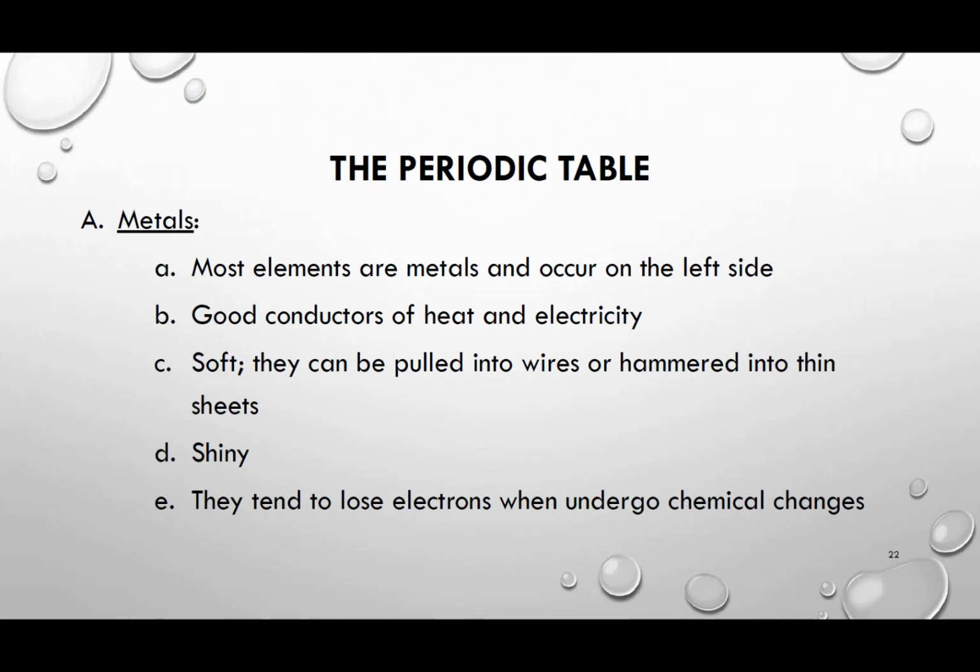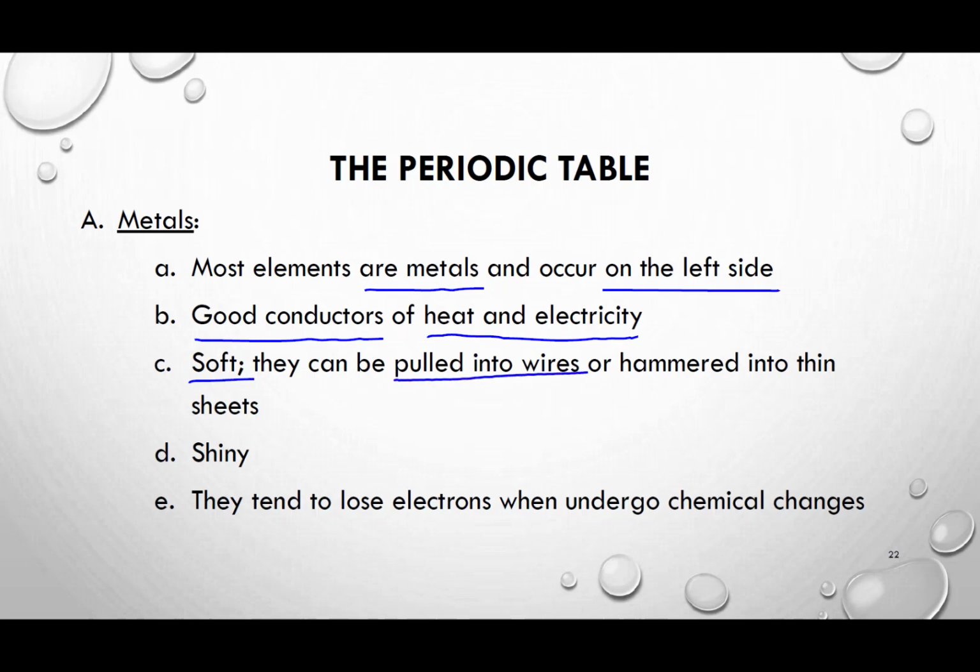Now let's talk about metals. As I told you in the previous slide, metals are on the left side of the periodic table. Metals are good conductors of heat and electricity, and they are soft.